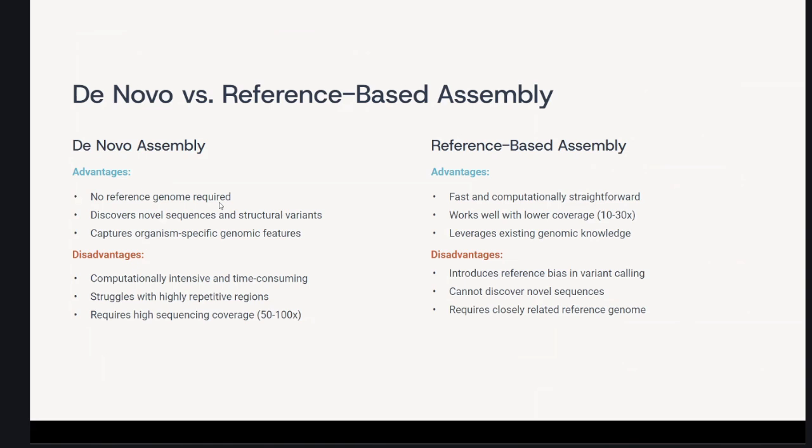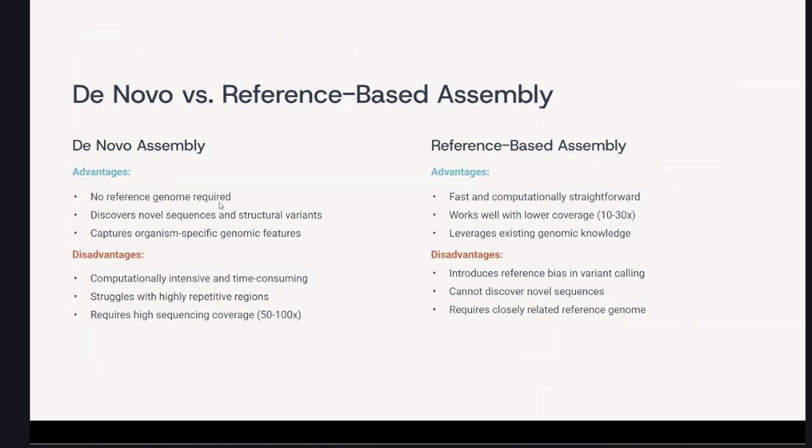It has some advantages: it's fast, taking minutes to hours in comparison to the de novo approach, and it works well with lower coverage, typically 10x to 30x. It leverages the existing genomic knowledge in the reference sequence, and it's computationally straightforward, a simple task for the computer.